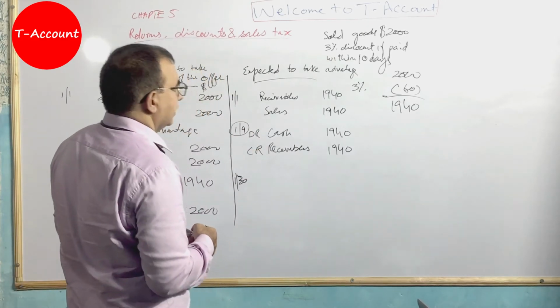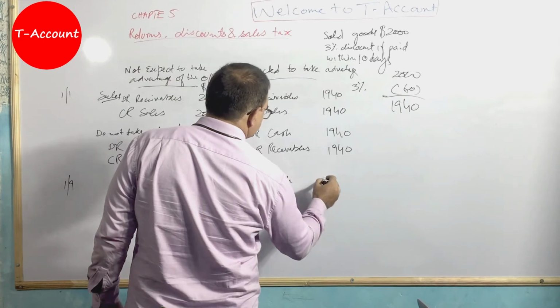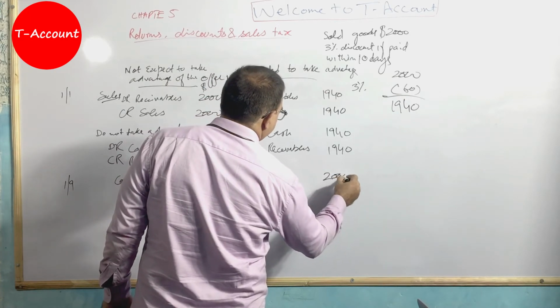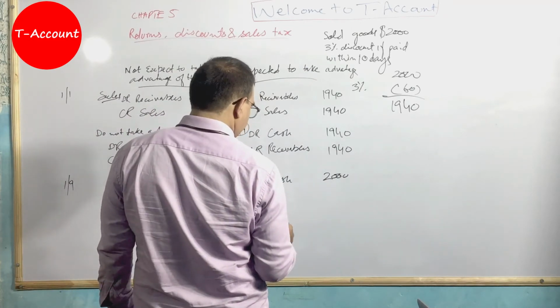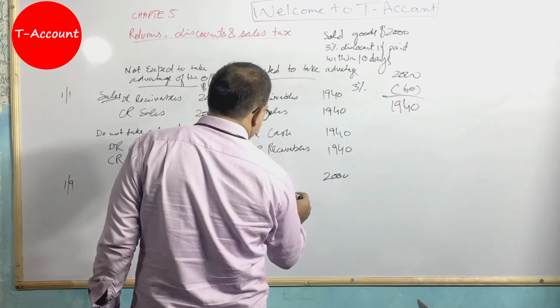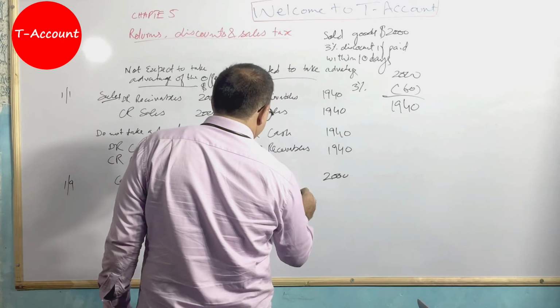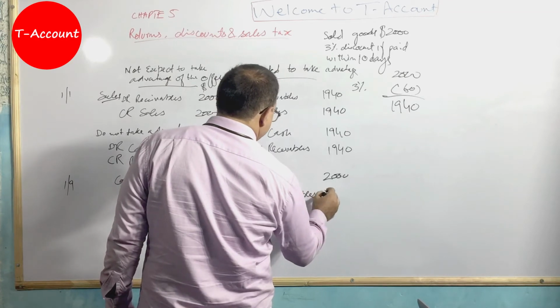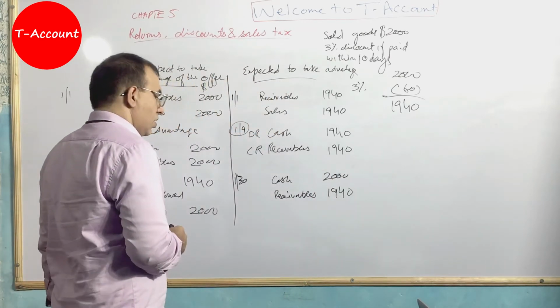You will get cash of 2000 because they have missed that opportunity. But you have receivables of 940 in your books.